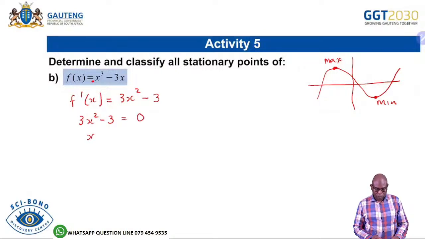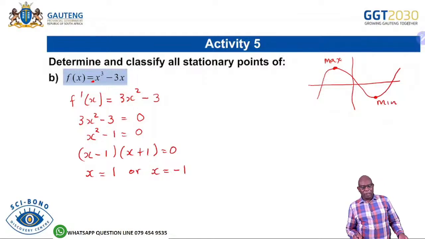So if I divide throughout by 3, I'll get x squared minus 1 equals 0. So I'll have (x minus 1)(x plus 1). There's a difference of two squares. So I factorize it. So I'll get x equals 1 or x equals negative 1.